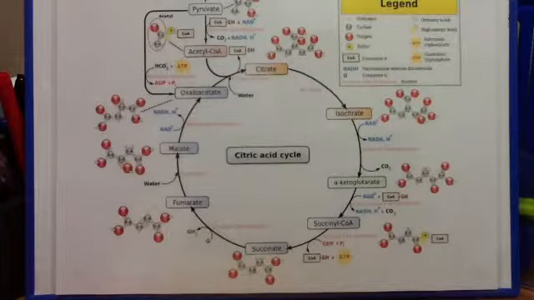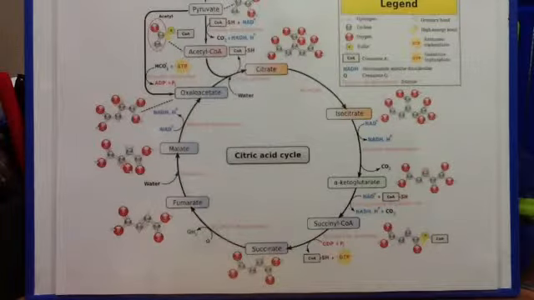One turn of the TCA cycle generates how many ATP? Well, first we have NADH, and it's 3 ATP times 3, which is 9 ATP. Remember, it turns 3 times. And then there's FADH2, and it's 2 ATP per FADH2, and it's 1 times 1, which results in 2 ATP.